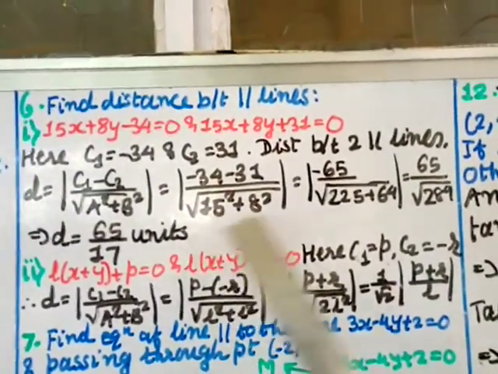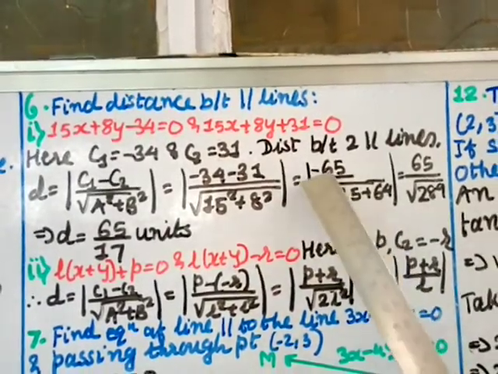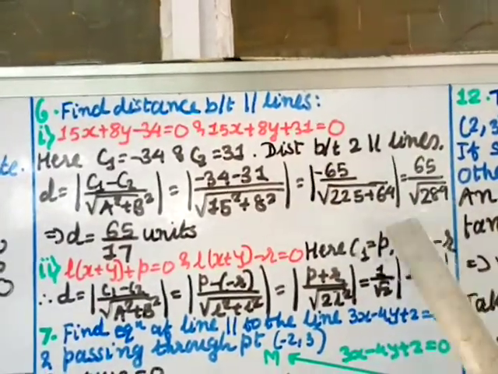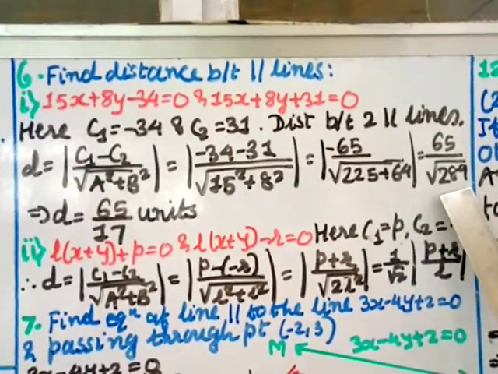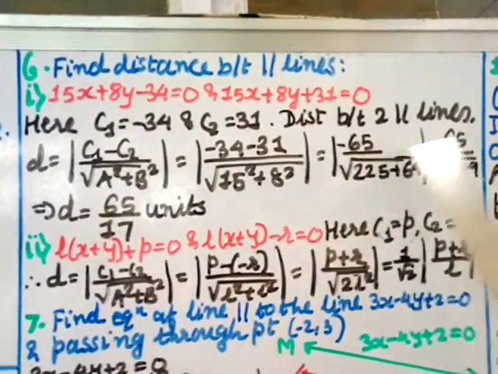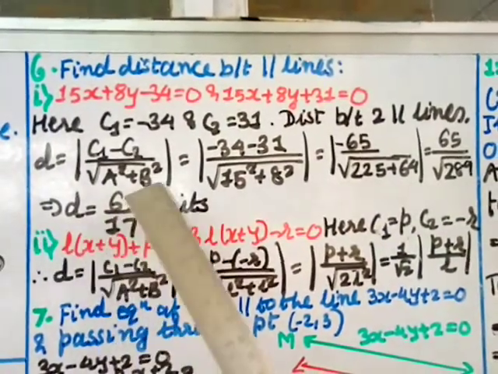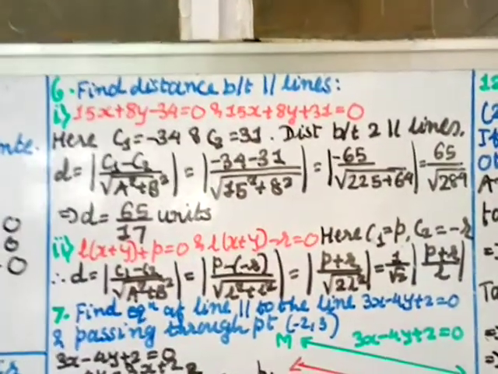And 15 square is 225 plus 8 square is 64 under the square root. Minus 65, if you take the modulus, you get plus 65. This sum under the square root is 289. The square root of 289 is 17 and 65 as it is. So d equal to 65 by 17. So this is the distance between these two lines.